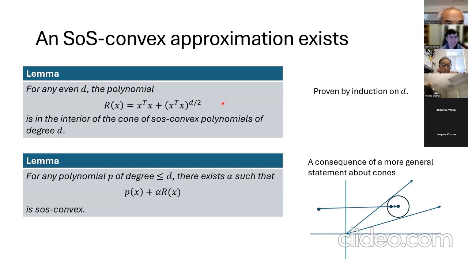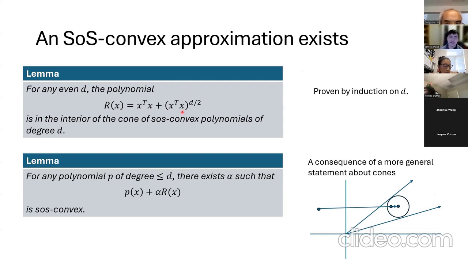Intuitively that should be the case. You might expect that, as long as you're going above this Lipschitz constant, that should be enough. And that kind of is the argument. What we did is show that you have this polynomial that's in the interior of the SOS convex cone.